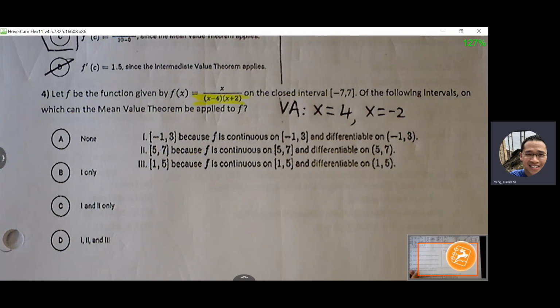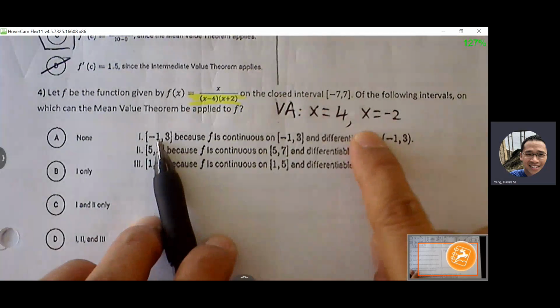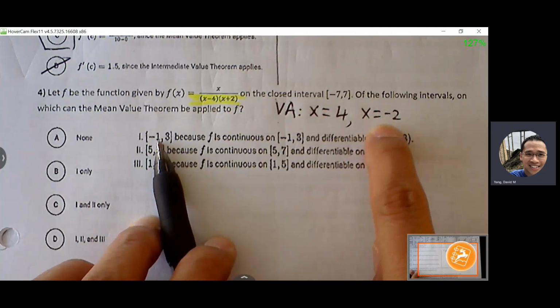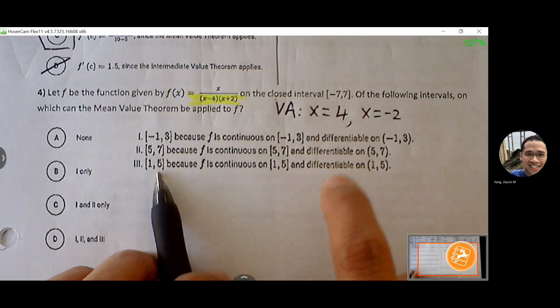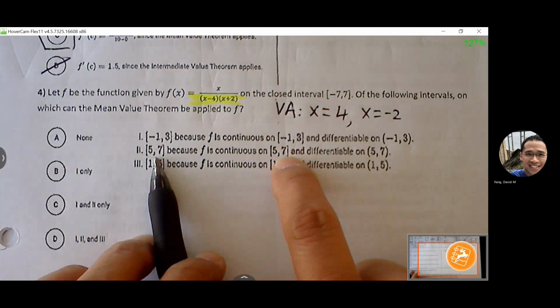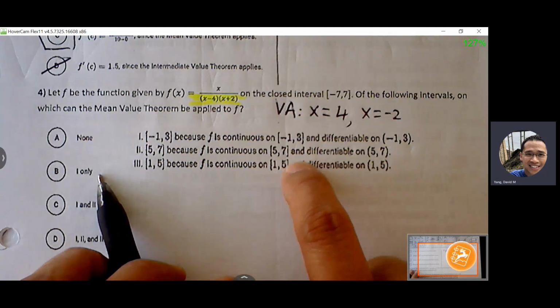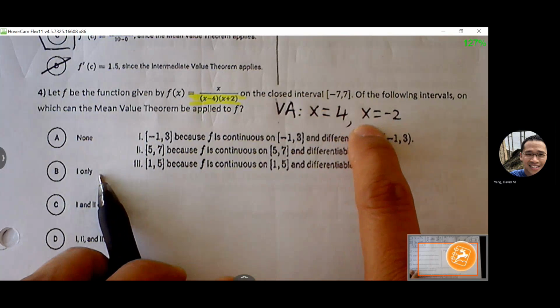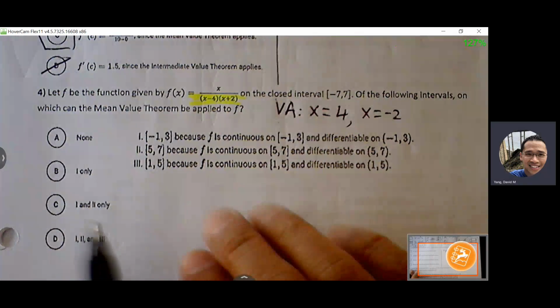So which ones can we eliminate because there's a vertical asymptote that's impacting the interval? Okay, is negative 1 to 3 okay, or can we eliminate that? All right, negative 1 to 3 is not going to be continuous because of that negative 2, and I'm sorry. Wait, this is okay, right? My bad.